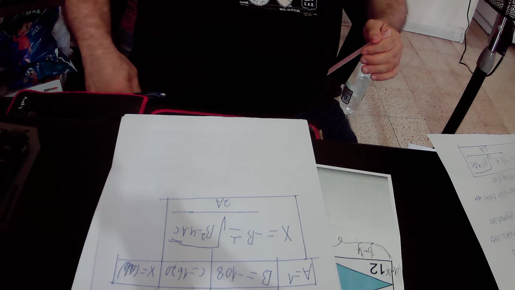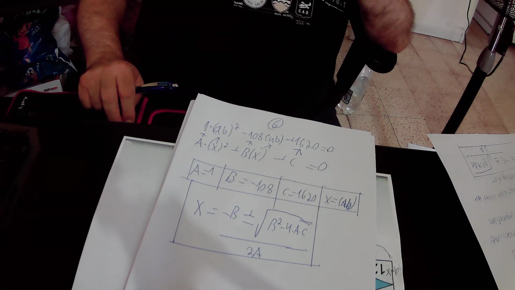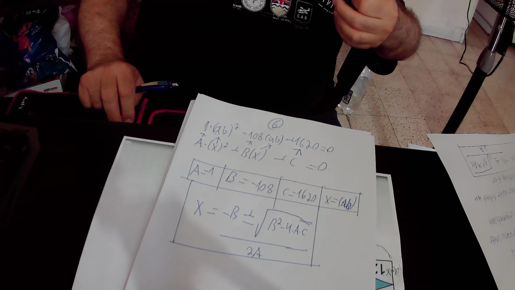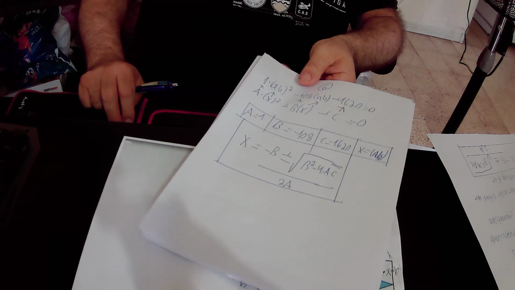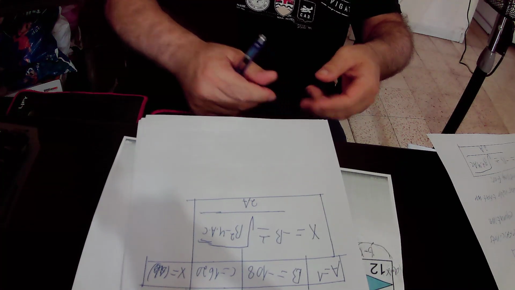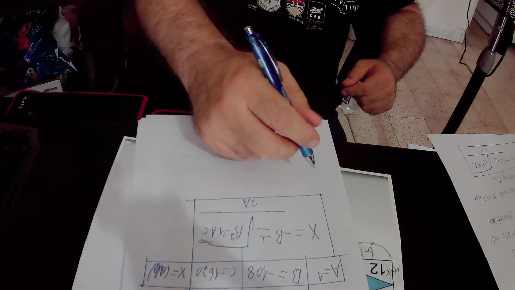Okay, this is the general formula for x. So in this way we will find the value of x that actually equals a times b, that is actually the area of the rectangle. Okay, so we will implement this equation in order to solve our quadratic equation.